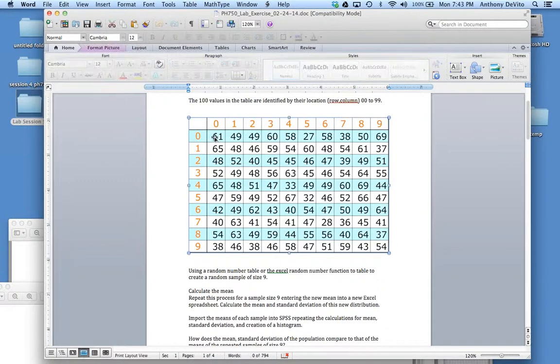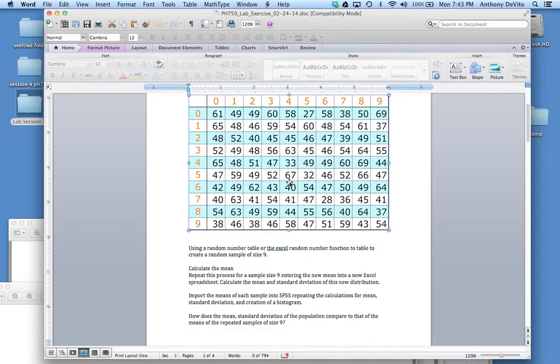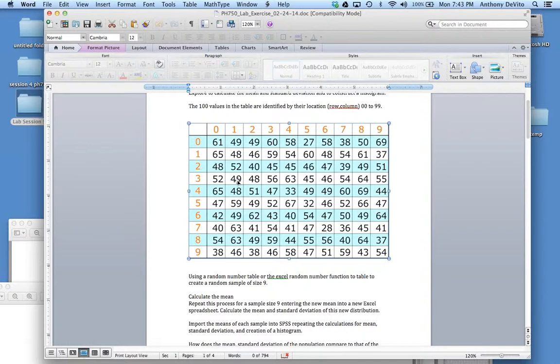So, for instance, this person over here, 00, is 61 inches tall, and 23 is 45 inches tall, and 68 is 49 inches tall. These really are just numbers. I'm just assigning heights to them right now, but they could be anything, as long as it's something that's normally distributed.